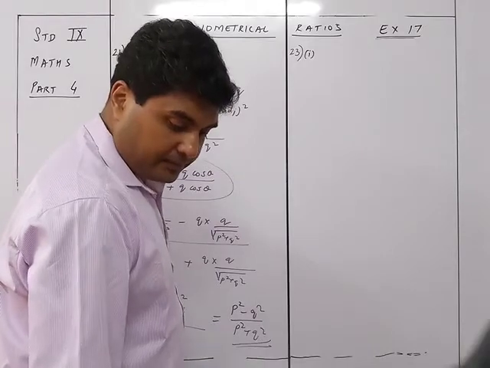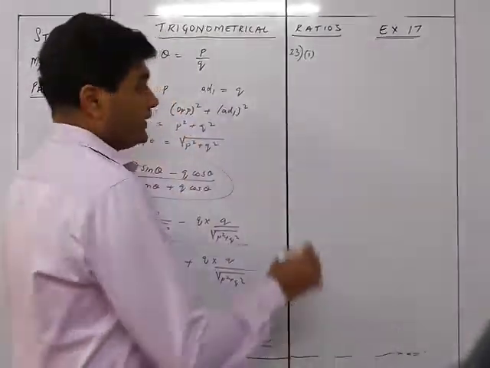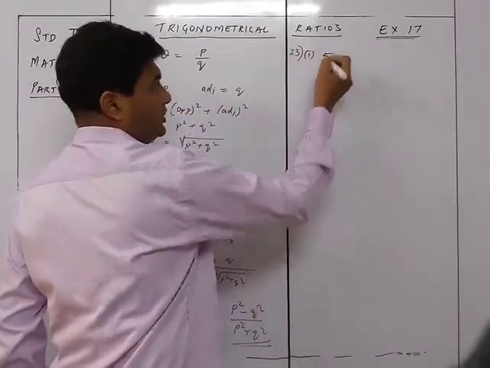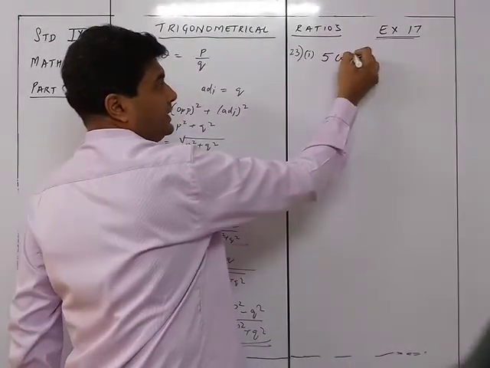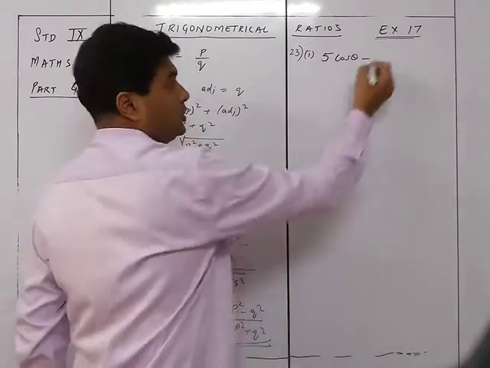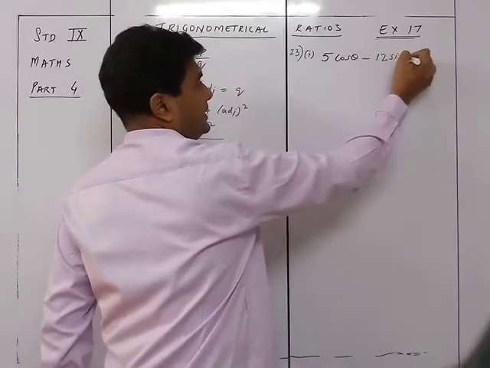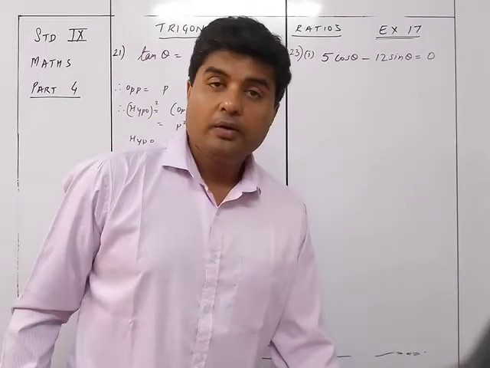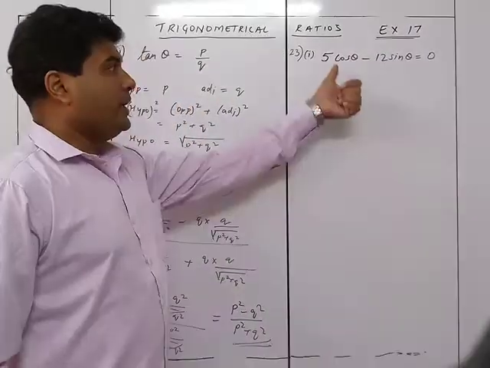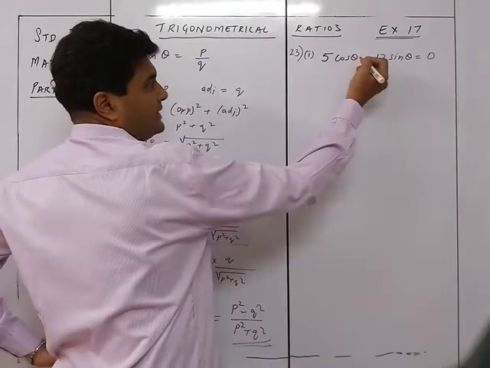It is given that, okay, now pay attention to this sum. This is a slightly tricky sum. 5 cos theta minus 12 sin theta is equal to 0. This is what is given to us. So what we'll do is take this on one side.